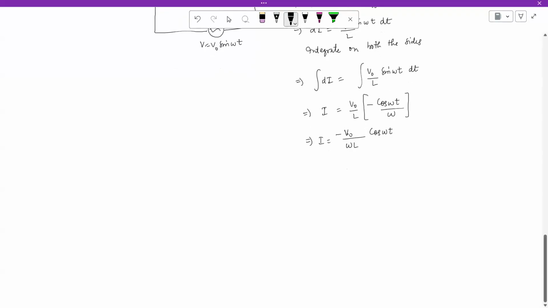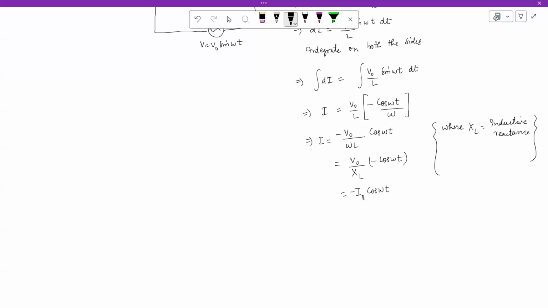This omega L is something like resistance, right? So I can write it as V naught by XL, where XL is the inductive reactance. And then I can write it as I naught, and then minus cos omega t.